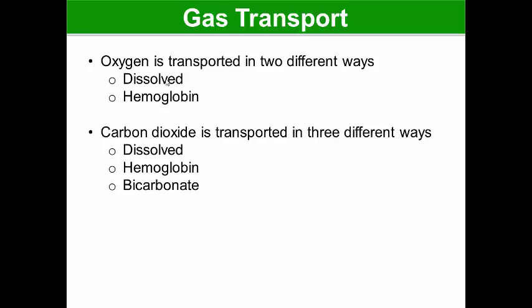Carbon dioxide is transported in three different ways. We have carbon dioxide dissolved in the plasma, carbon dioxide bound to hemoglobin, and most of the carbon dioxide is transported in the form of bicarbonate, as we will see in the subsequent slides.